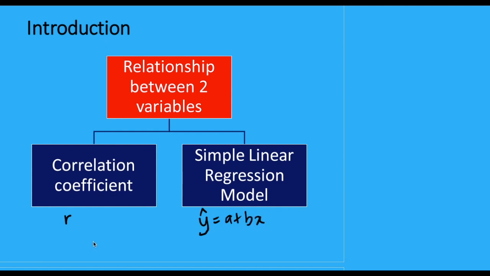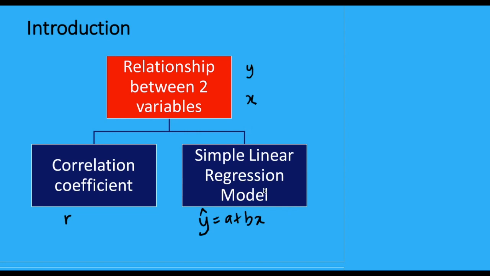Now, the correlation coefficient would simply be a single value that describes the strength of relationship between the two variables, which is the y, or the dependent variable, and x, the independent variable.